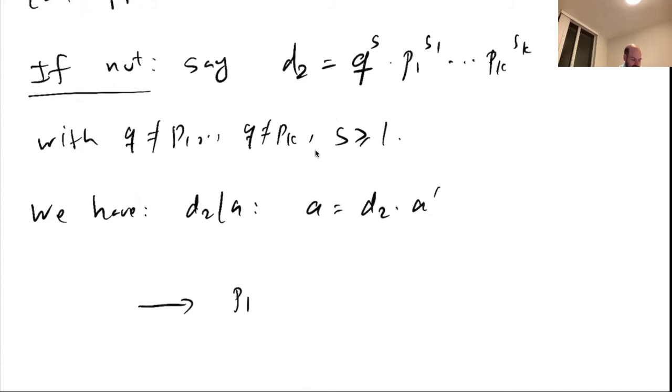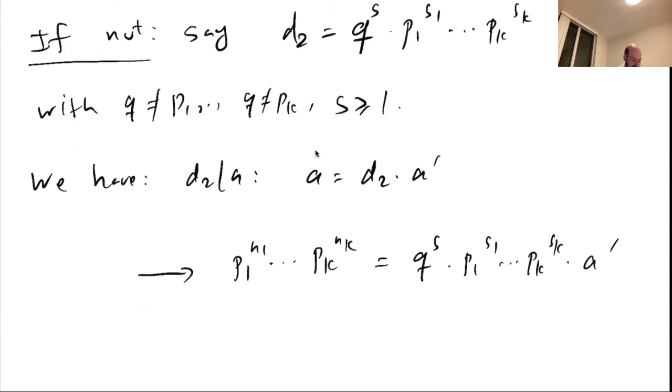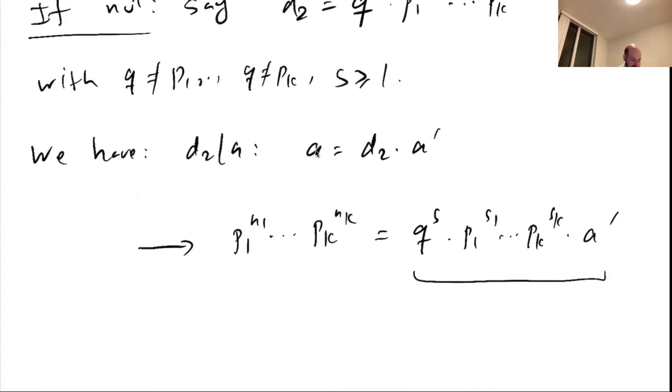P1 to power N1 times Pk to power Nk. If you look at the original notation we used for A, this was it. And then D2 is Q to power S, P1 to power S1, Pk to power Sk times some number A prime. Now this right-hand side, Q divides this number.